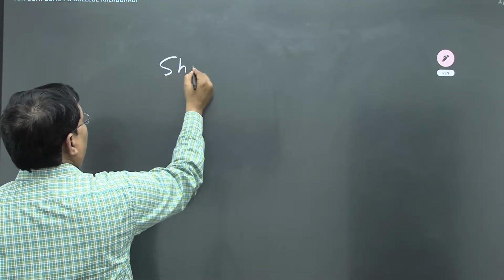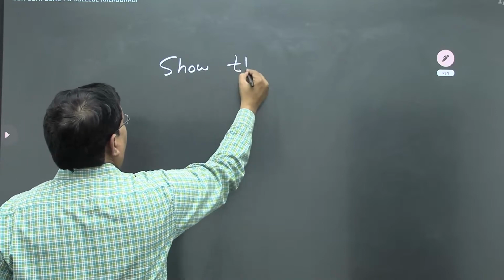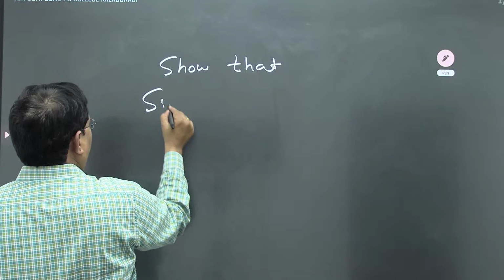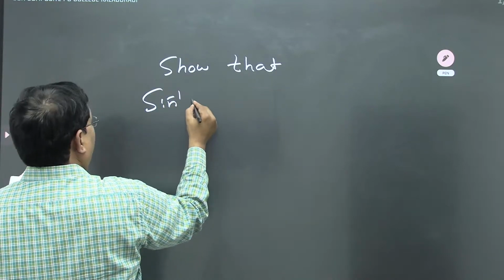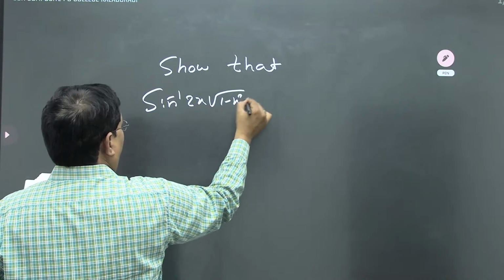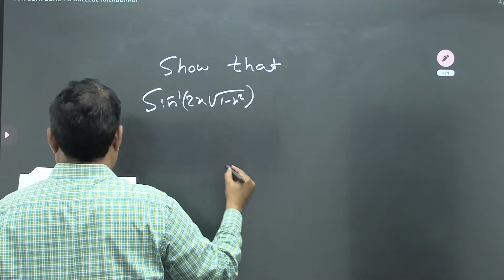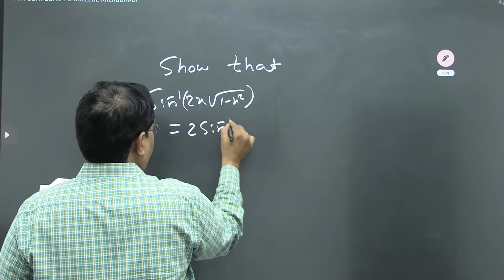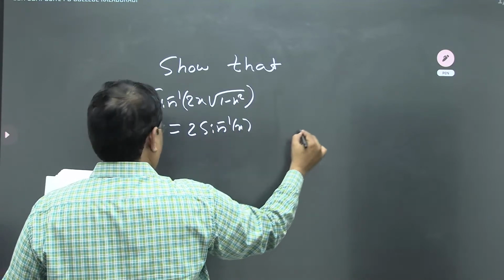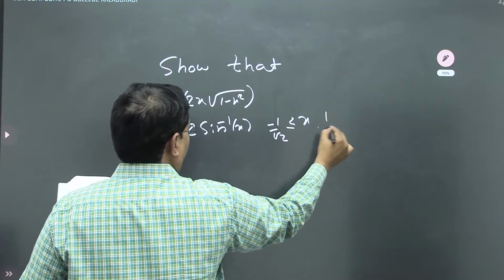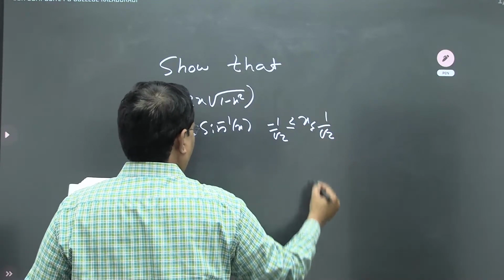Show that sine inverse of 2x root of 1 minus x square equals 2 sine inverse of x, where x lies between minus 1 by root 2 to 1 by root 2.